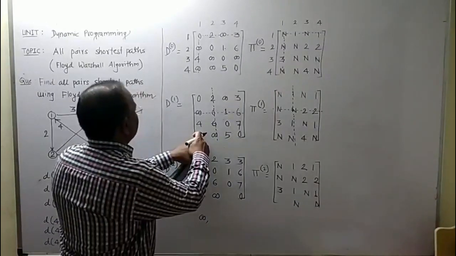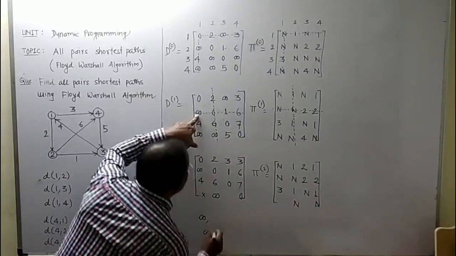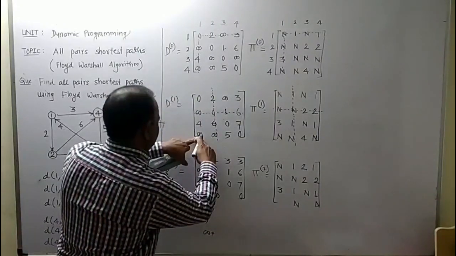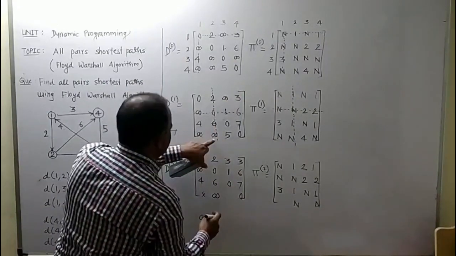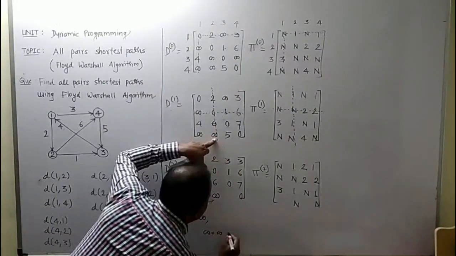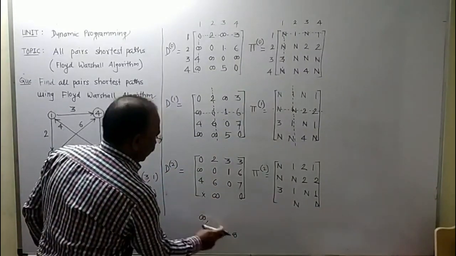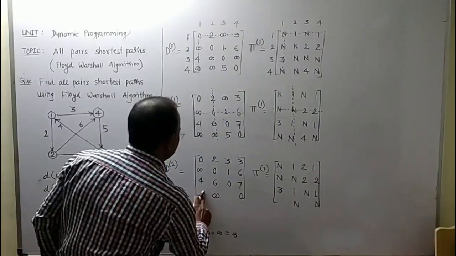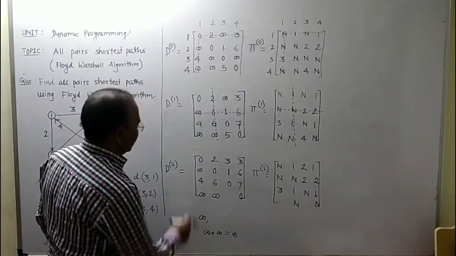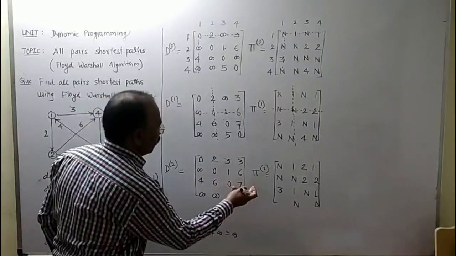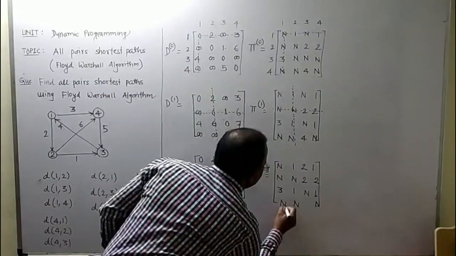Then travel up so that we will touch here. Infinity. Then from this place travel to the right side so that we will touch the vertical line. Now here we get infinity. So we have both the values infinity. So here the infinity will come, means there is no change. As there is no change, so there will be no change in pi 2. So here n will come.